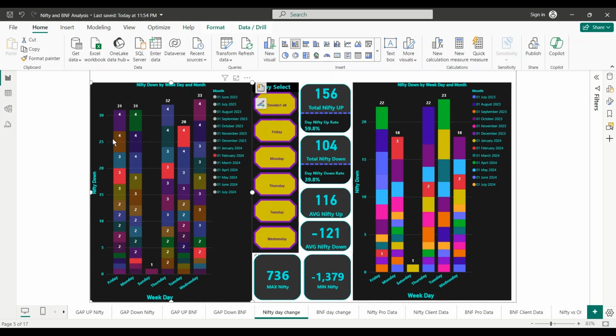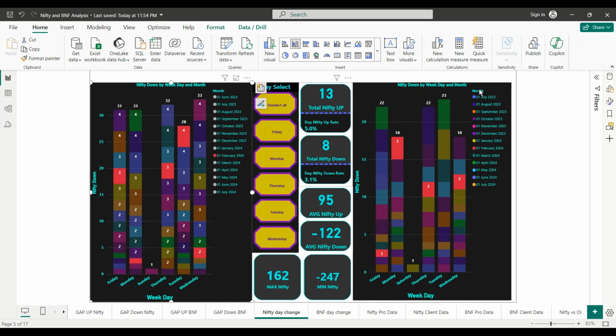So you can see in February, 13 times Nifty moved up, 8 times Nifty moved down. So 21 days of trading, up more, right? And then the average is nominal, max is nominal.